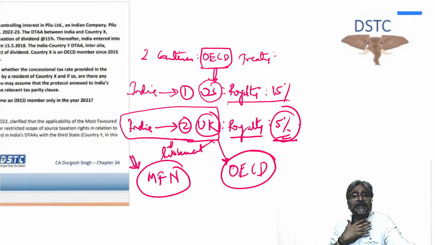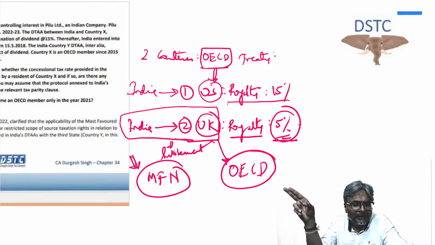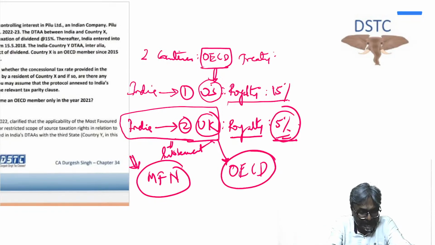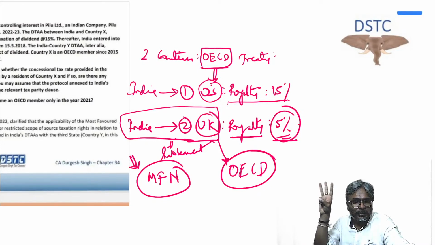So the question is this: can a US resident invoke the India-UK treaty to obtain the beneficial rate of 5%? To that the answer is yes, if the following conditions are satisfied. Three conditions only, you remember it.